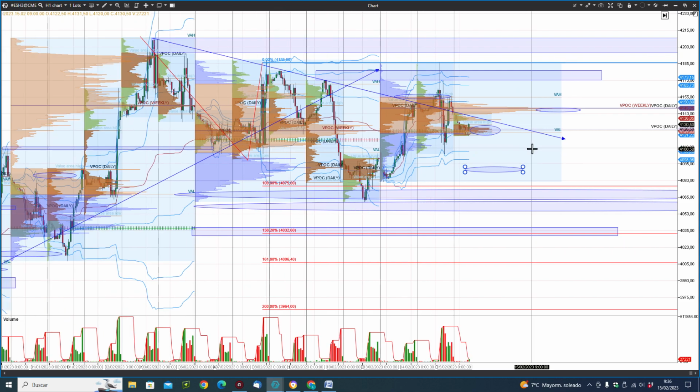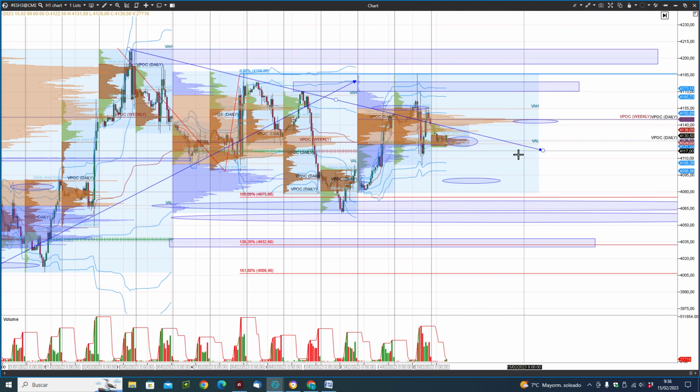About S&P, higher targets, this downtrend line, it's true, yesterday was broken in a sudden move because of the publication of relevant data. And now, what are the targets?